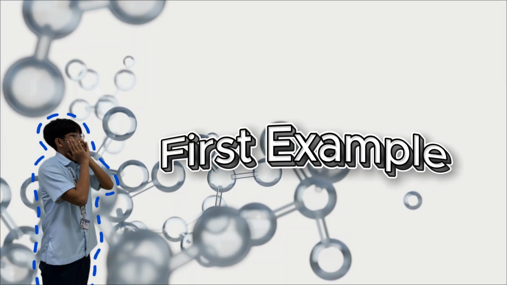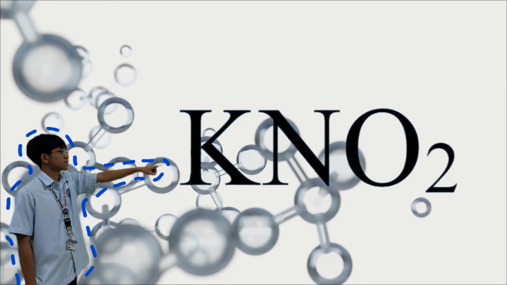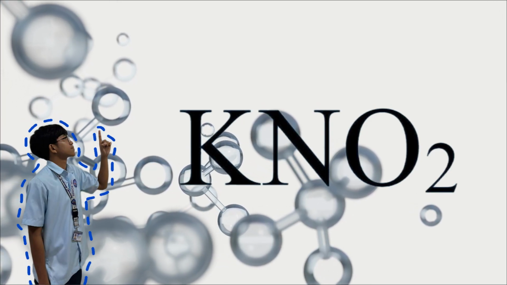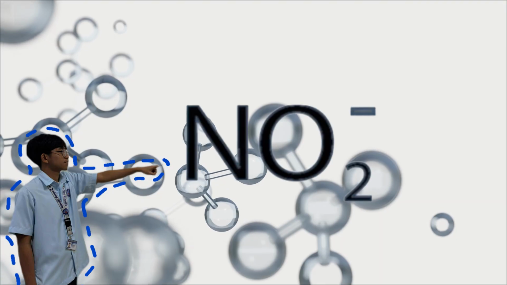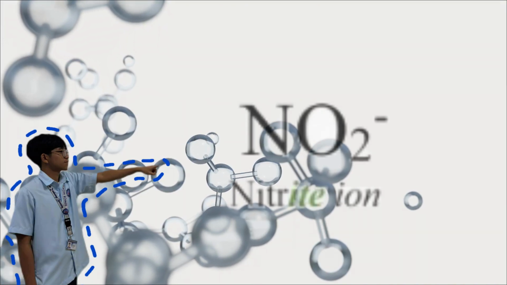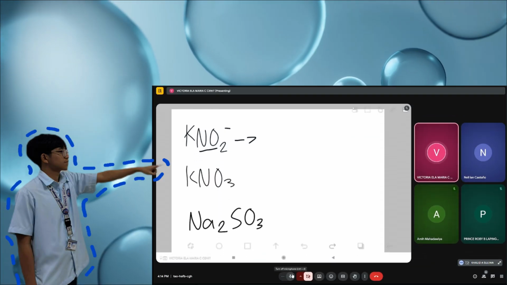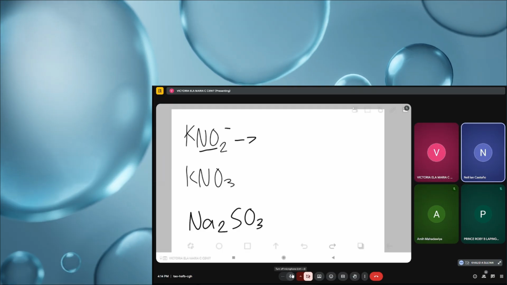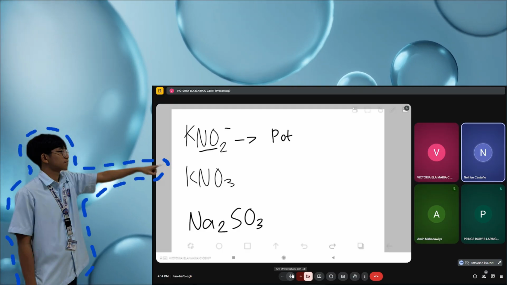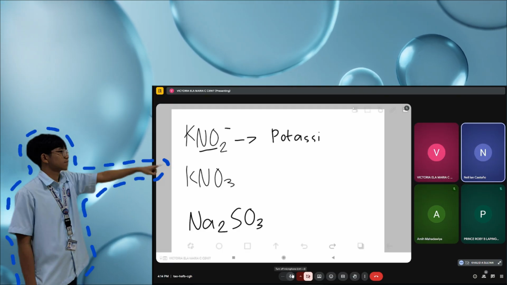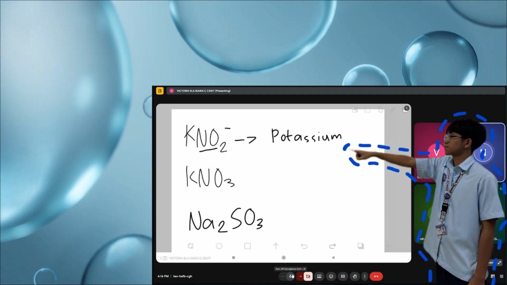For the first example, KNO2. Now, the polyatomic ion is NO2 negative, which is nitrite, because it has fewer oxygens. In simply naming, we just put the metal, which is potassium, then add the polyatomic, which is nitrite, and the name is potassium nitrite.